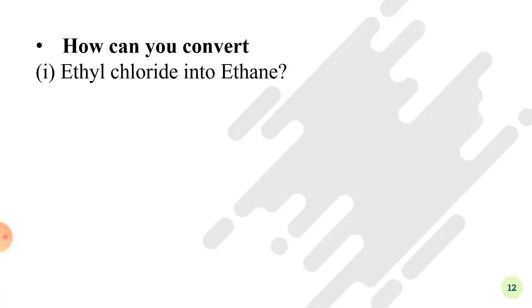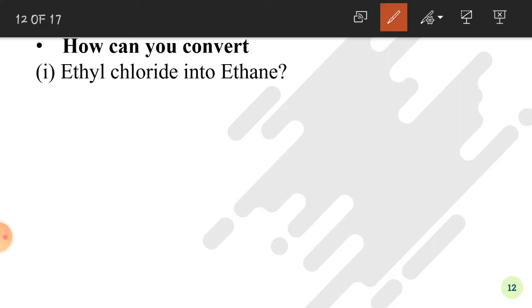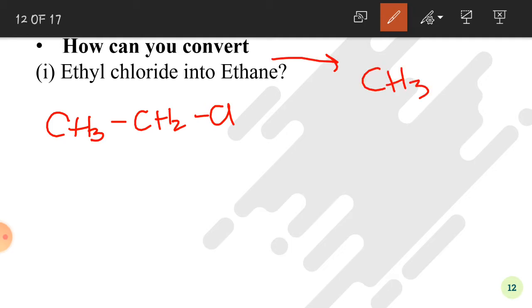How can you convert ethyl chloride into ethane? Now this is somewhat a tricky question. For ethyl chloride you have CH3, CH2, Cl. And for ethane you have CH3, CH3.